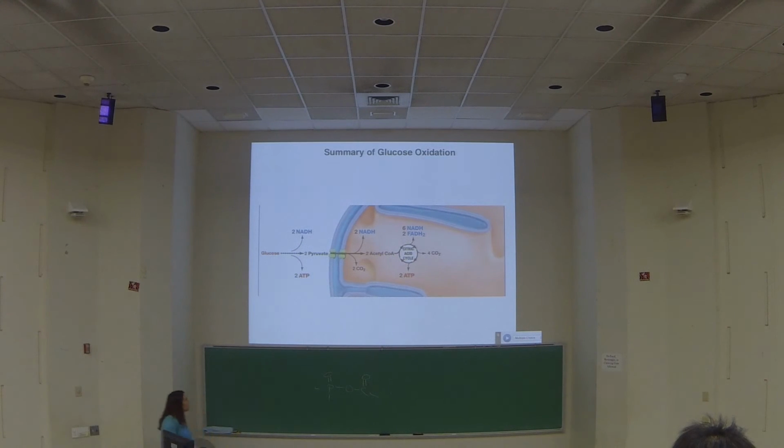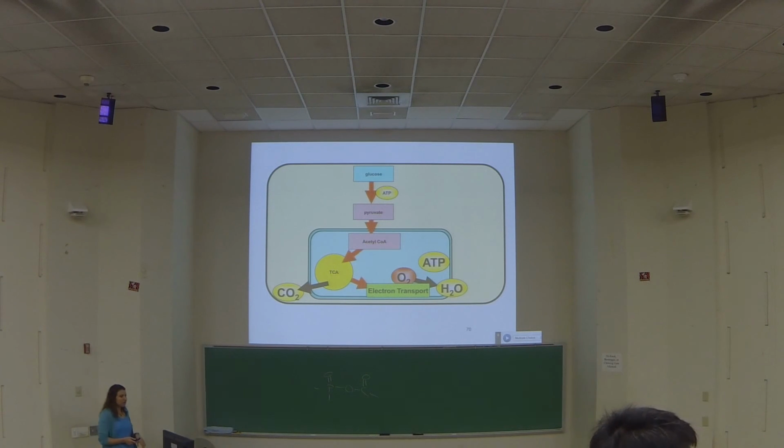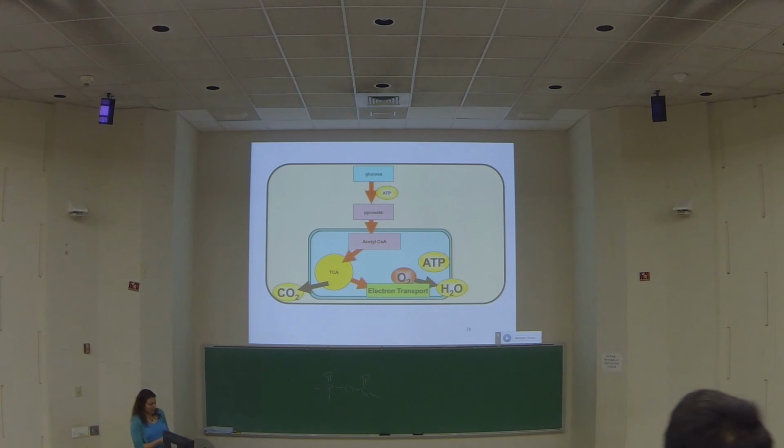All right, so here's where we're at, out in the cytosol, in the matrix of the mitochondria. The last thing we're going to talk about is that electron transport chain. So now we're going to feed all of those electron carriers that we've produced into the electron transport chain. Notice that this is where we're going to use our oxygen. We're going from oxygen to water.